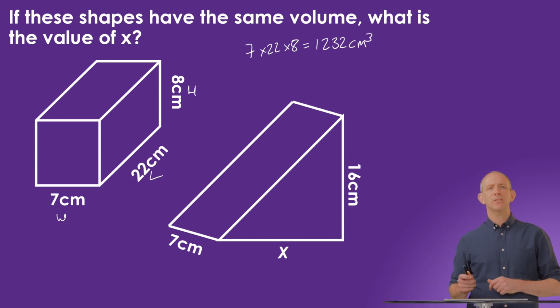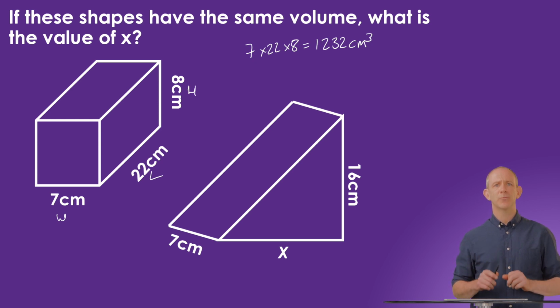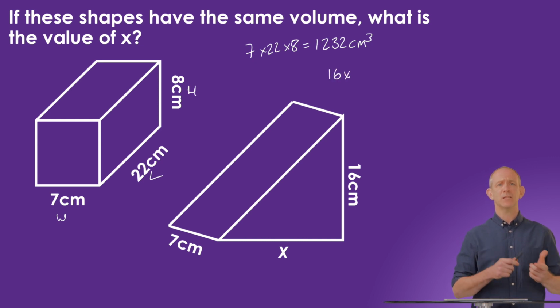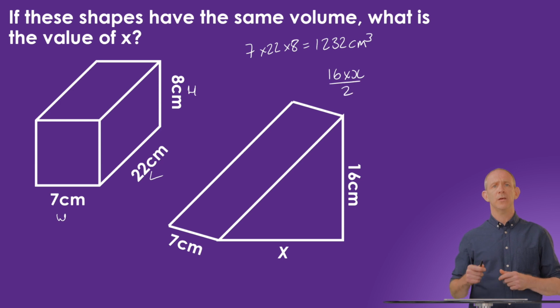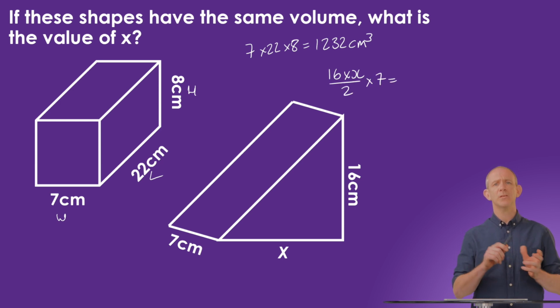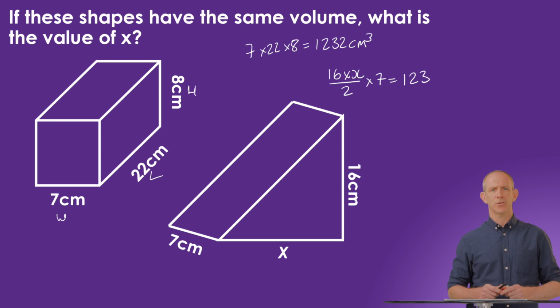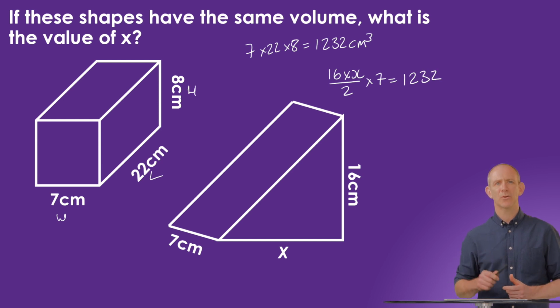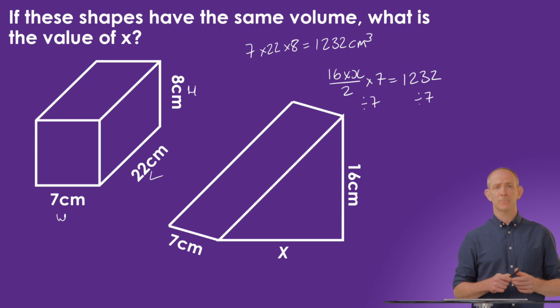Now if we know that this is the same volume of the triangular face prism, we can write out the formula for the volume with the known values substituted in for the variables. So we're going to have 16 times x divided by 2 and then times by 7. We know this equals 1232. We can now undo this equation to solve for x by changing the subject of this formula to x.